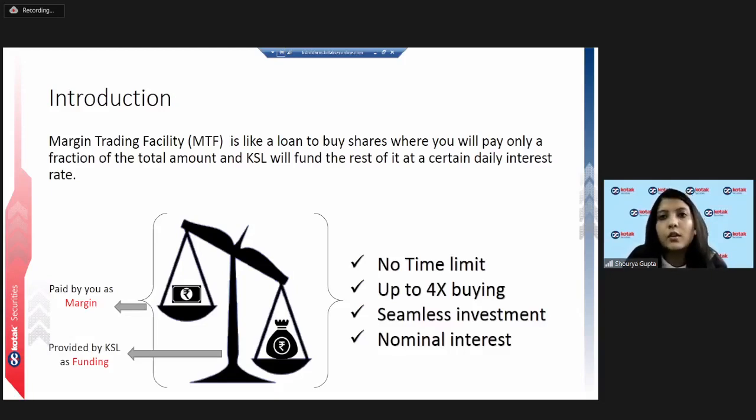So basically, you will only be paying a fraction of the amount, and Kotak Securities will fund the rest of it. And since it's a loan, there is a daily interest attached to it. With the example that you can see here, you are paying just a fraction of the amount, while the bulk of that amount is funded by Kotak Securities.